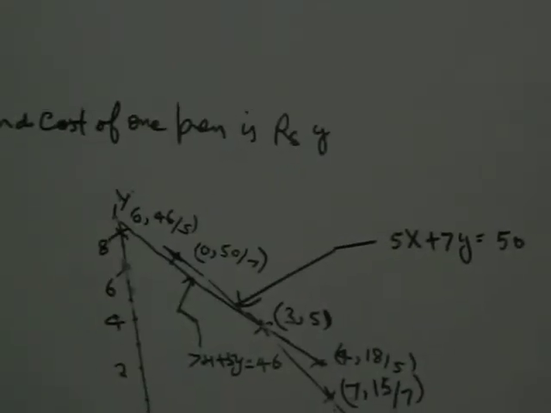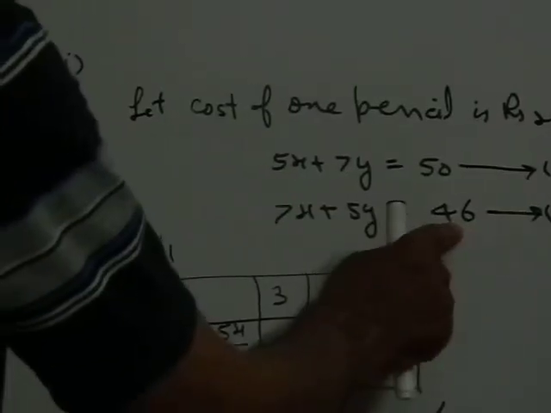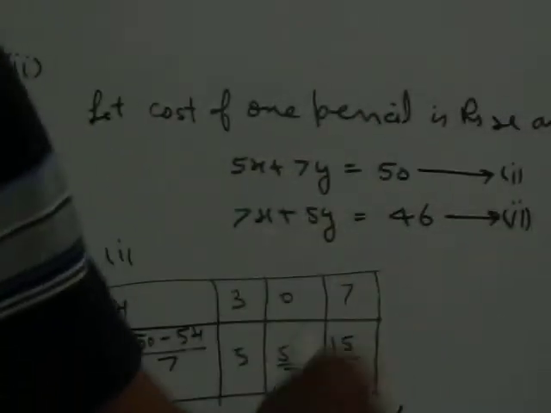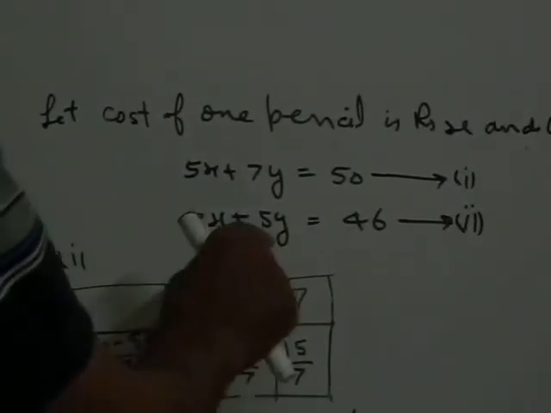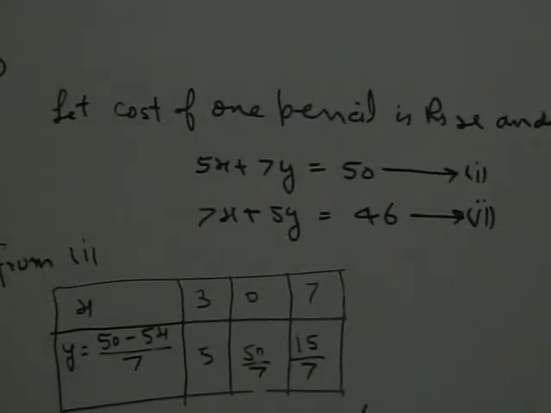Now come to the second equation, 7x + 5y = 46. So 5y = 46 - 7x, and y = (46 - 7x)/5.